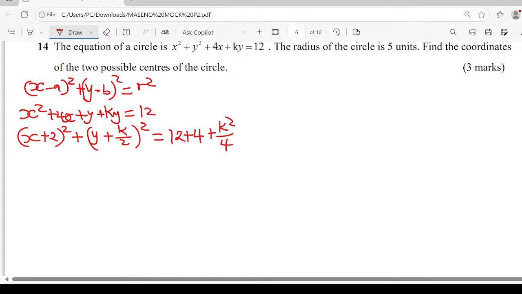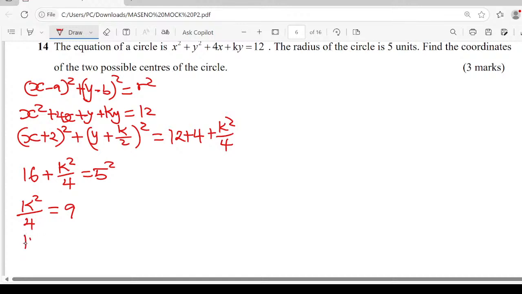So I'm now going to have, when you reduce this, 16 plus k squared over 4 being equal to 5 squared. So it means that k squared over 4 is equal to 9.